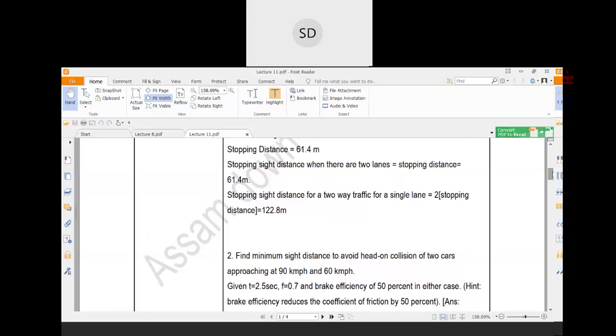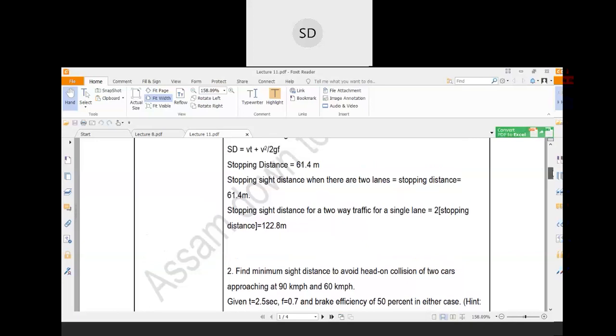Here your reaction time is given as 2.5 seconds for both the drivers, coefficient of friction value is given as 0.7 and your brake efficiency is given as 50% in either case. In both the cases your brake efficiency is 50%.